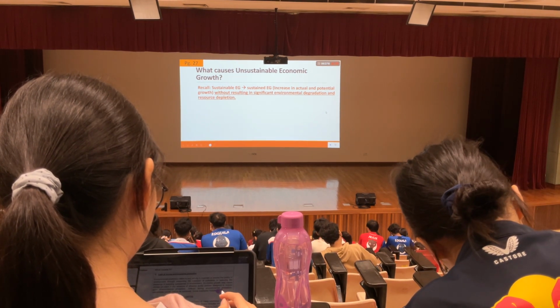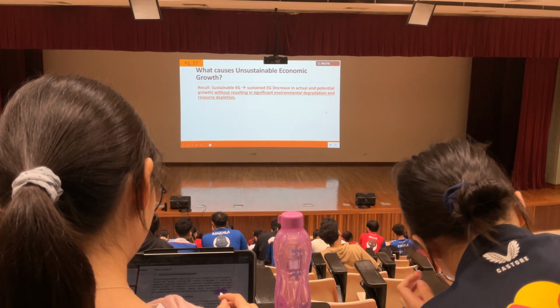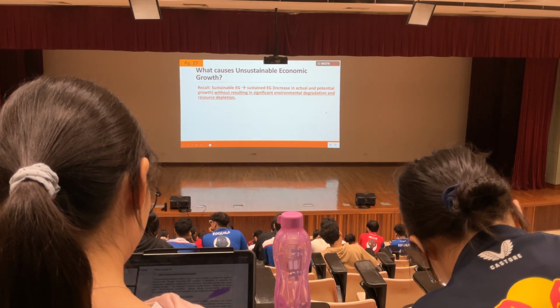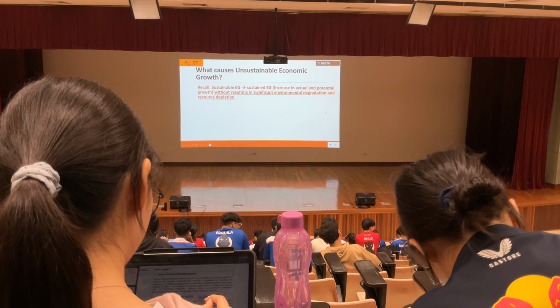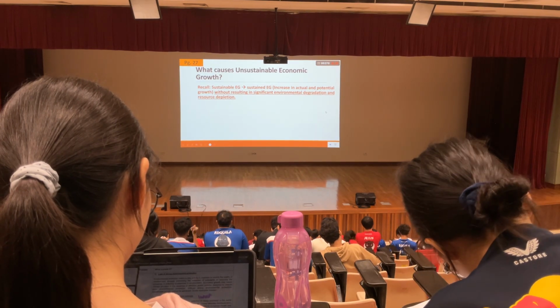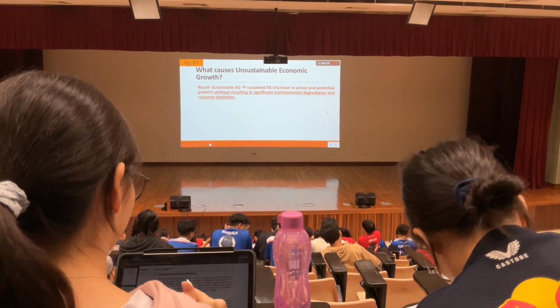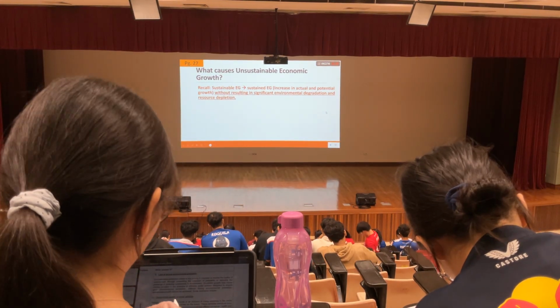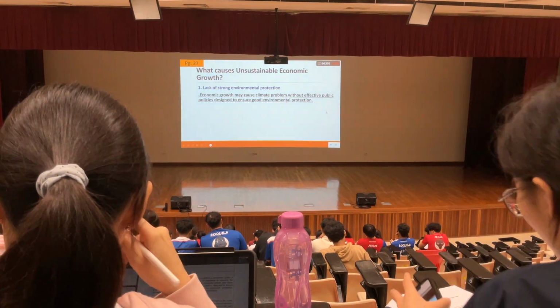What I mean by economic growth being unsustainable is that it results in significant environmental degradation and resource depletion, so you fail to meet these criteria. You do the exact opposite. So you have significant environmental degradation and you deplete your natural resources very quickly. Okay? So what are the causes?